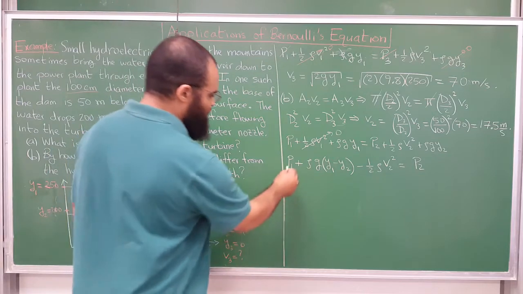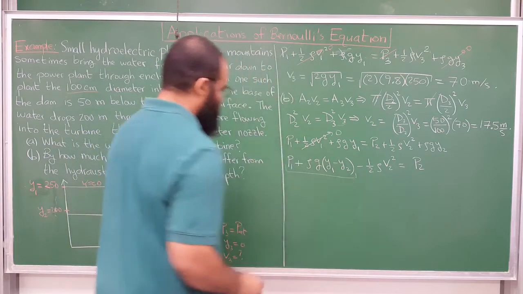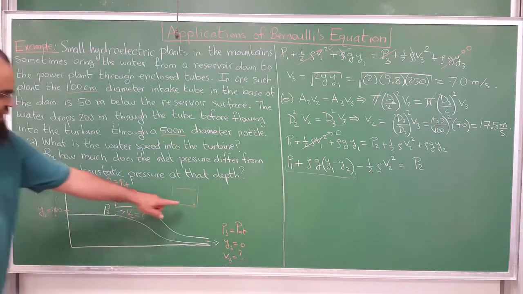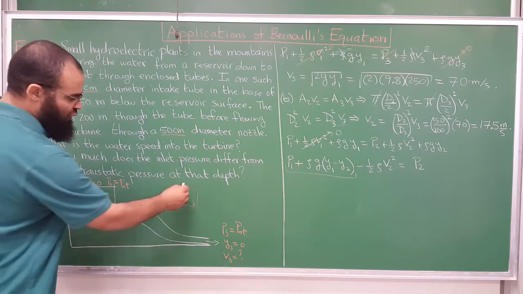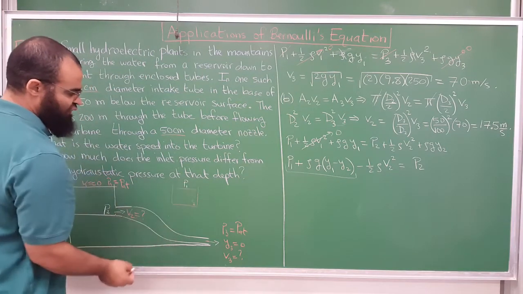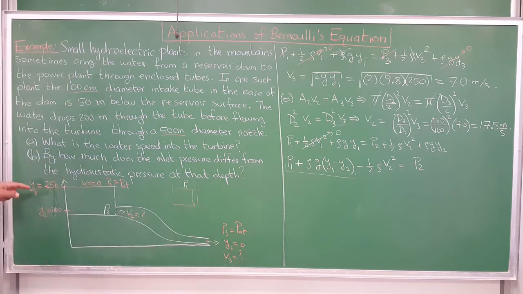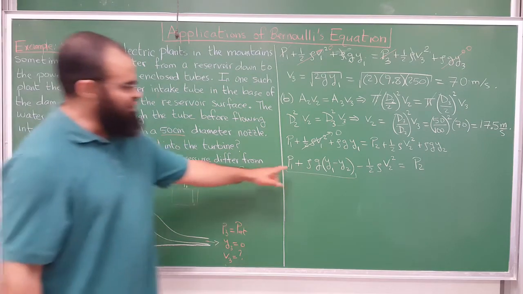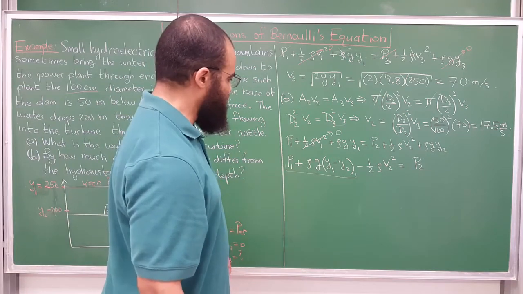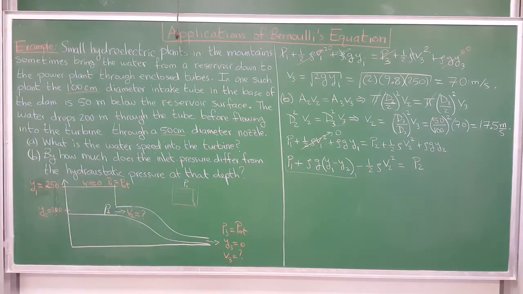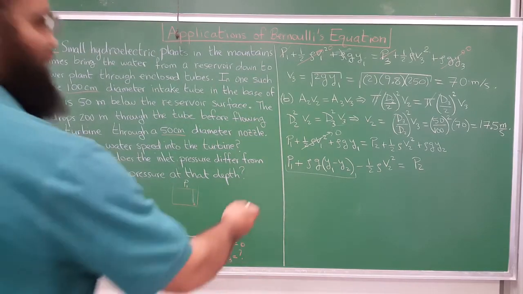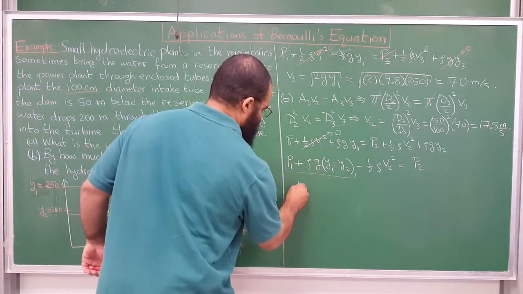Now this is the hydrostatic pressure, because what is the pressure at the bottom here? If the fluid wasn't moving, it would be the pressure here, which is P1, the atmospheric pressure, plus rho g times the depth. And the depth is 250 minus 200, which is 50, so Y1 minus Y2. So this is the hydrostatic pressure. I'm going to label this as the static pressure, P static.